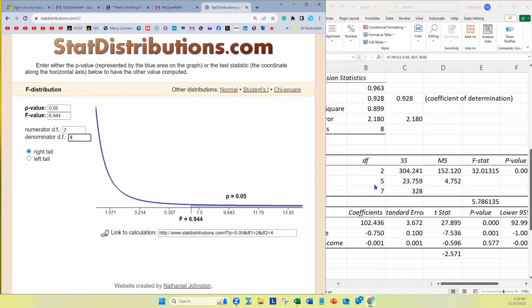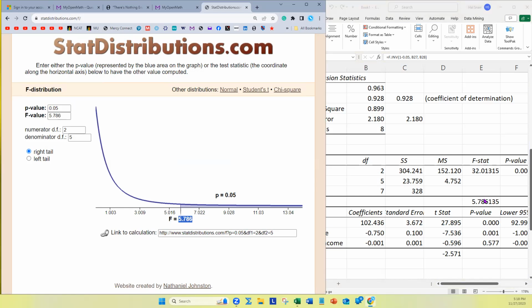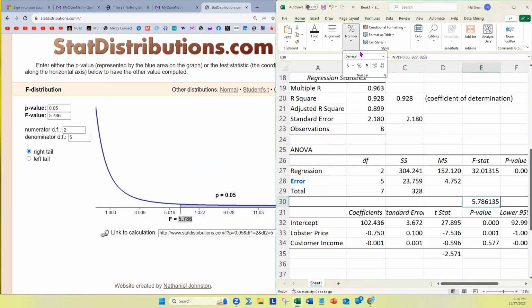My denominator degrees of freedom are 5. And my significance level is 0.05. And my critical value is 5.786, which is the same as what we got in Excel, right?